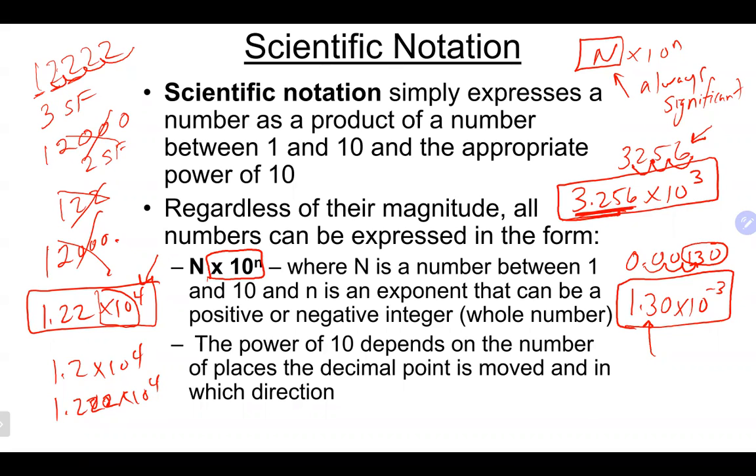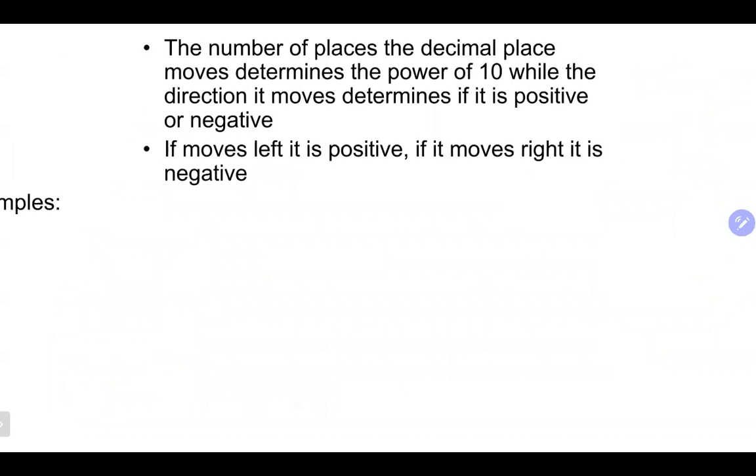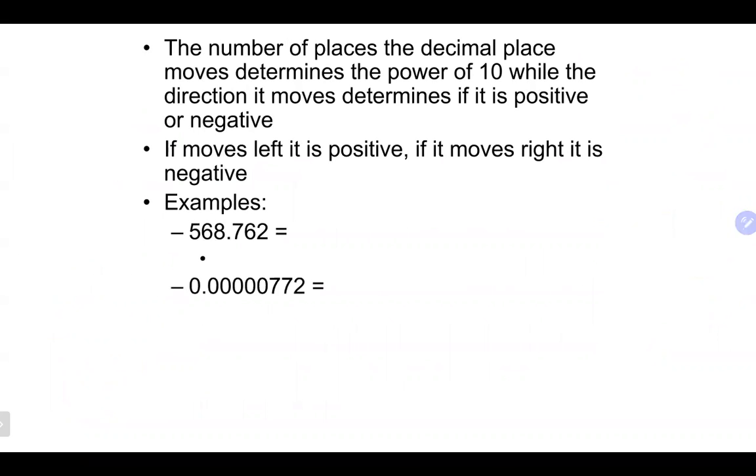Other questions? So again, the number of decimal places moved really determines whether or not it's going to be positive or negative. So take a second here. Why don't you write each of these in scientific notation, proper scientific notation, with the right number of significant figures.